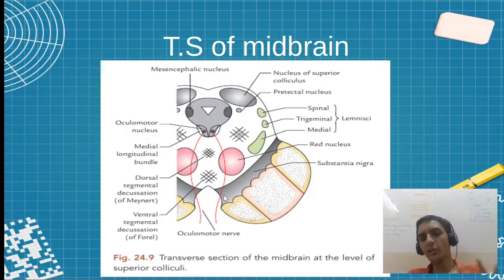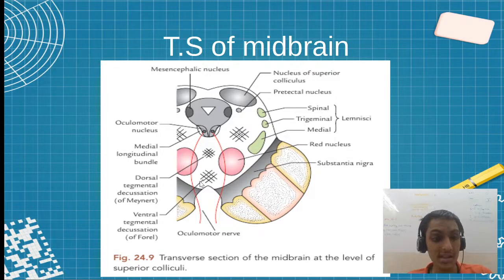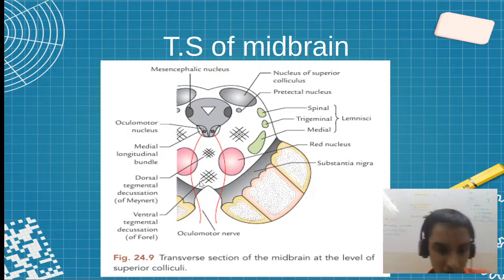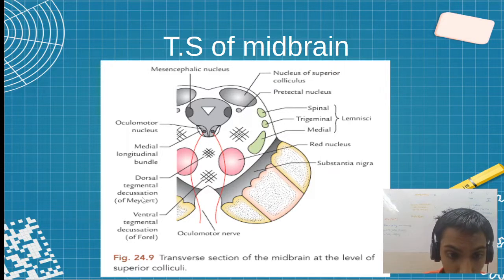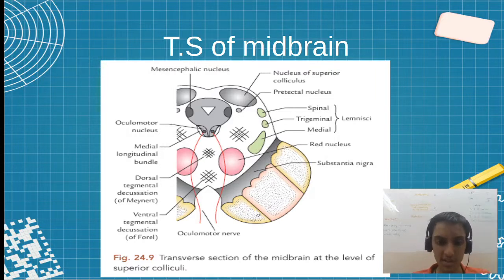The most important feature, red nucleus. Okay. And there we had only superior cerebellar peduncle decussation. Here we have two decussations: Maynert's dorsal tegmental decussation and Forel's ventral tegmental decussation. Please remember these differentiation points. It will be very easy. Okay.